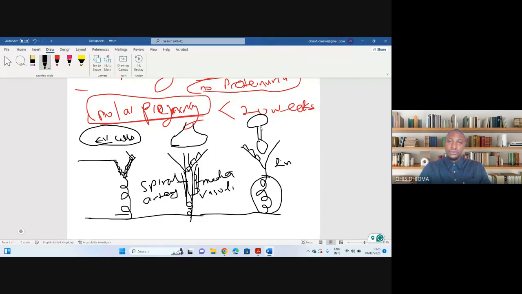But what happens when pregnancy goes on? Of course, the placenta becomes bigger, meaning it needs more blood supply. The child needs more blood supply, but these spiral arteries are not vasodilating, and so what we have here is what we call placenta hypoperfusion.